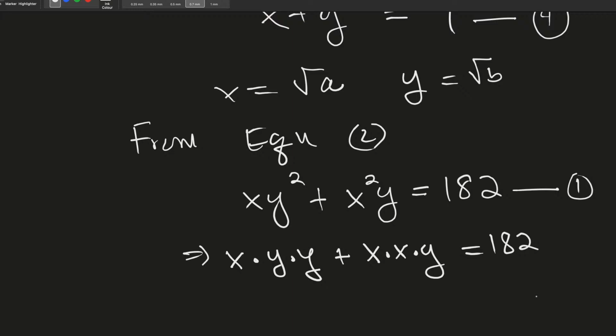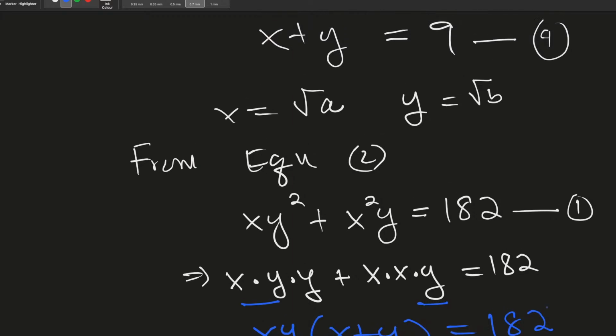Then we can say that xy, you see, here we have xy here. Let me underline the xy's. We have xy here, we have xy here. Meaning, we can break the xy out, and we say xy times x plus y is equal to 182.